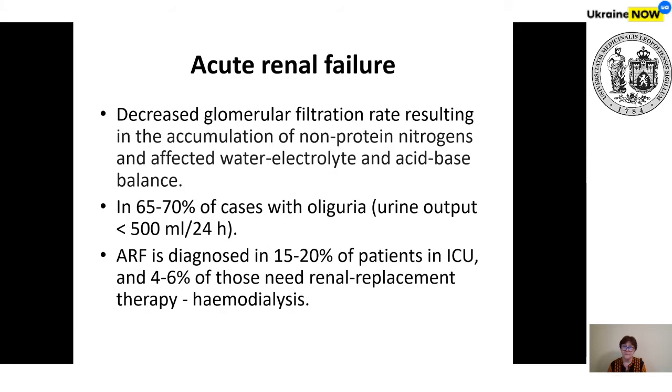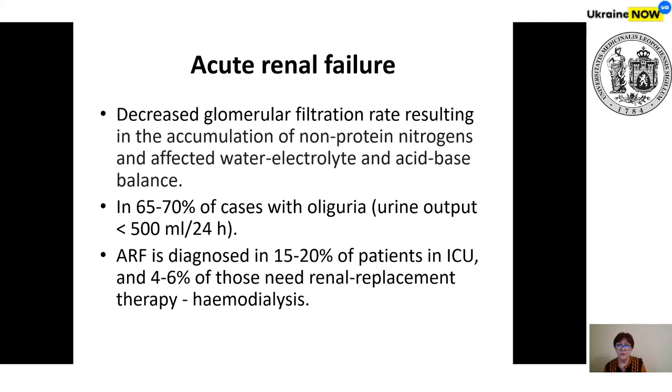Acute renal failure. Definition: decreased glomerular filtration rate resulting in the accumulation of non-protein nitrogens and affected water electrolyte and acid-base balance. In 65–70% of cases of acute renal failure, there is an oliguric or anuric phase.